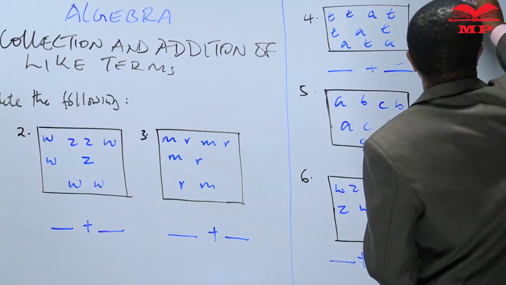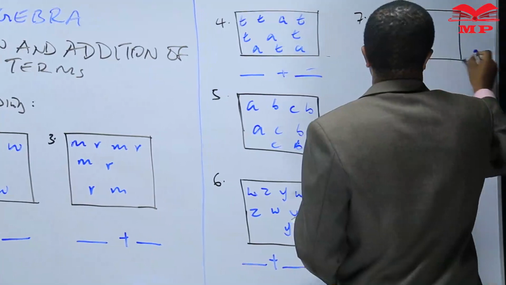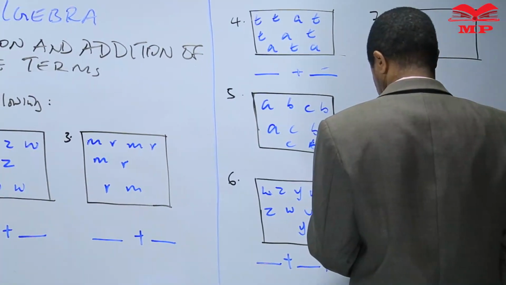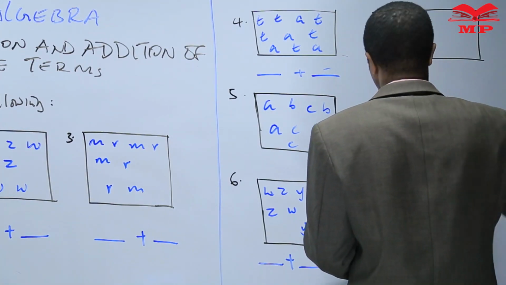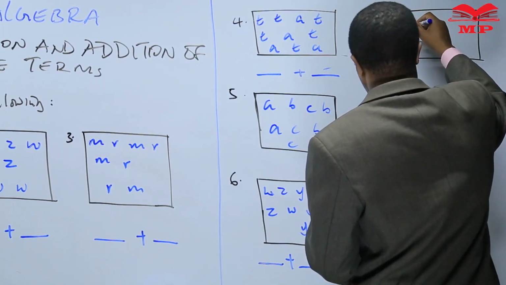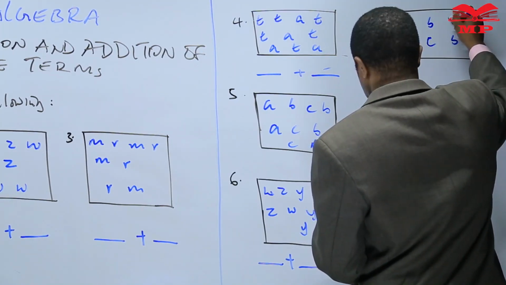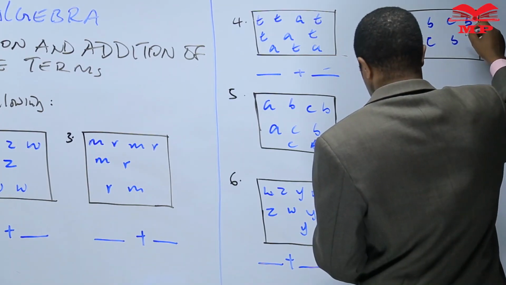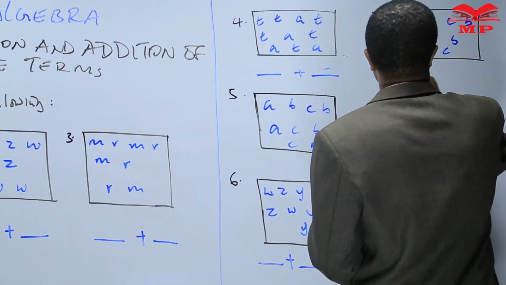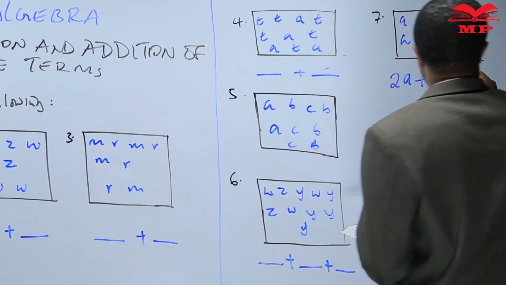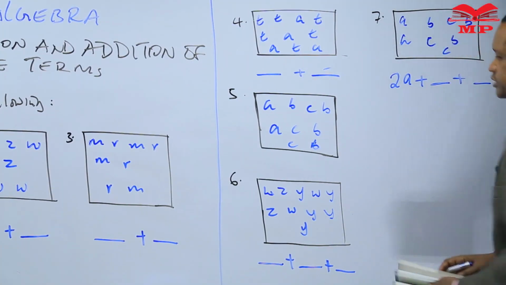This is the last exercise I want you to do. I write this one as A, B, C, B, C, B, C. So here we have 2A plus dash plus dash.